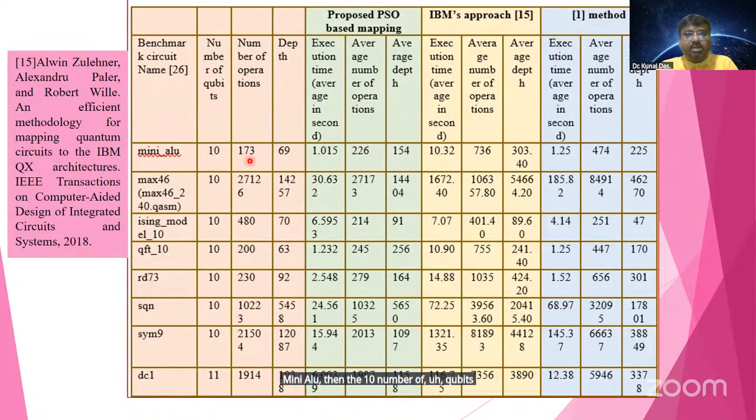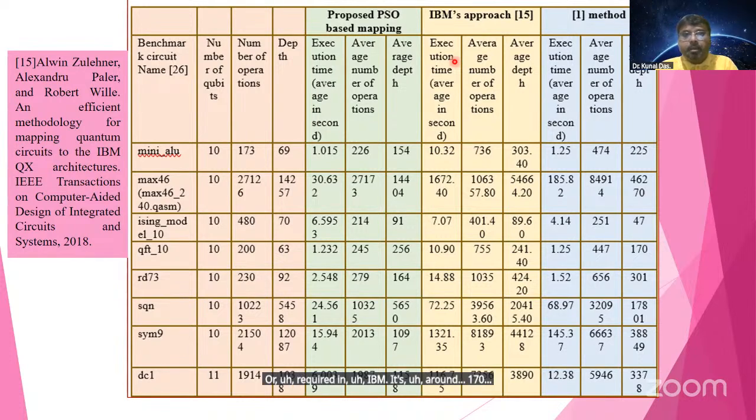required, 173 number of operations, depth is 69, where you can see the IBM required execution time in seconds, 10 seconds, whereas it's 1.015 seconds. And interestingly, the number of operations required in IBM is around 176.